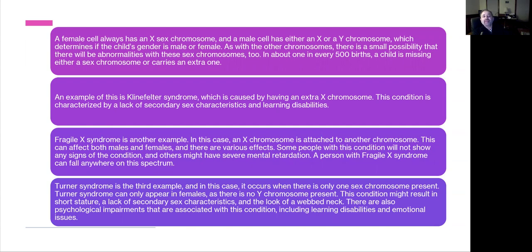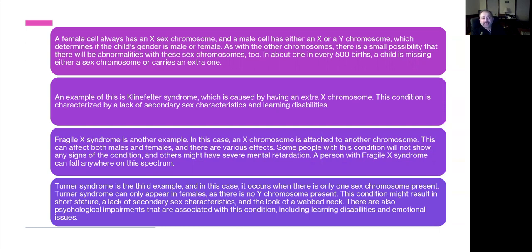So there's supposed to be an X and a Y, for example XX or XY, right? Females always have X, males X or Y. But in every 500 births, there's a child who is missing a sex chromosome or carries another one.